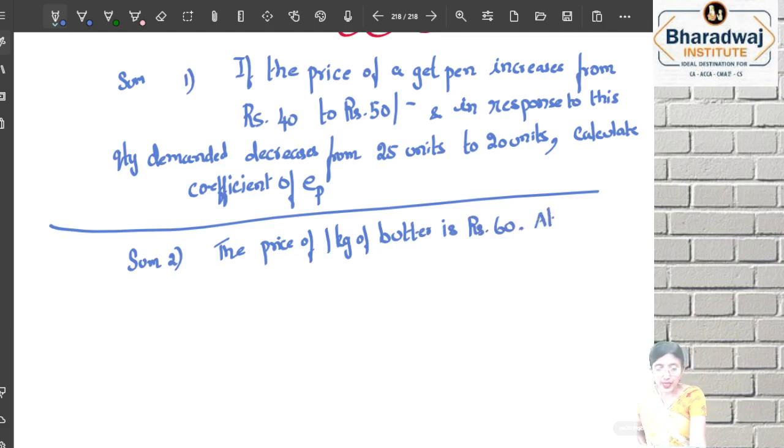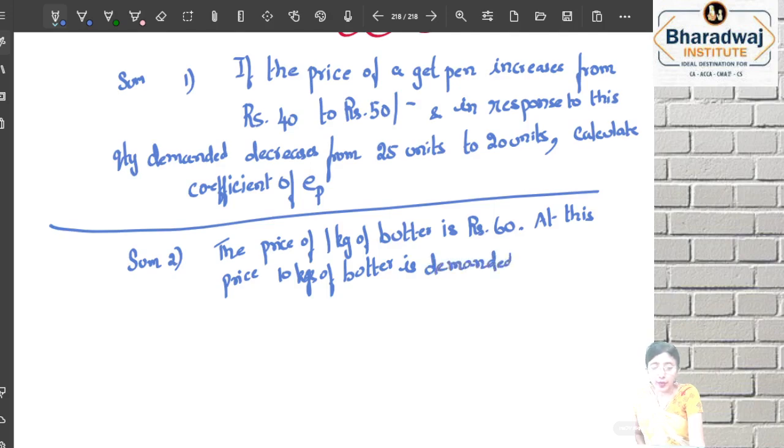At this price, 10 kgs of butter is demanded. Be very careful. Read the sentence. That's why I want to start with this most alert segment.